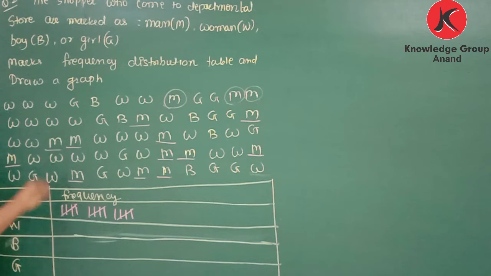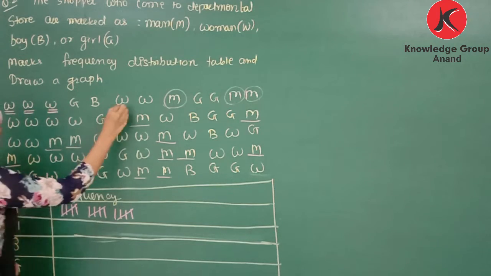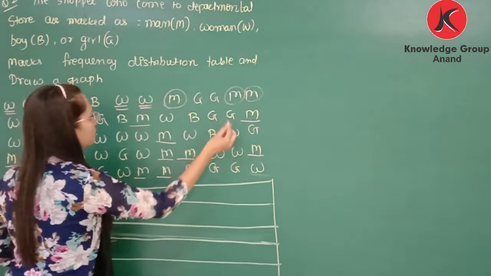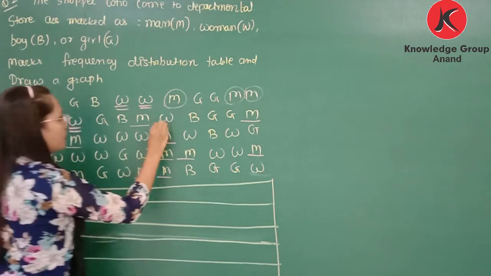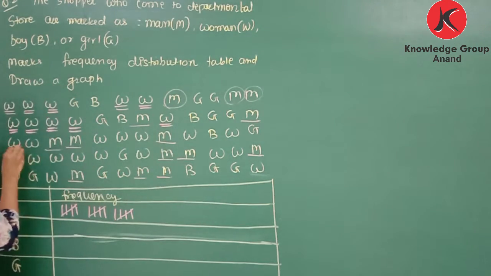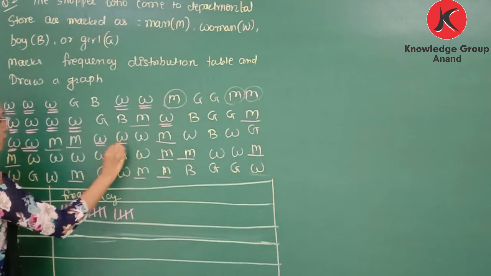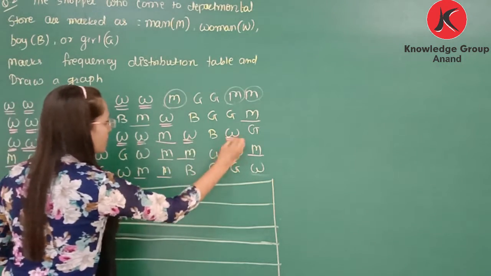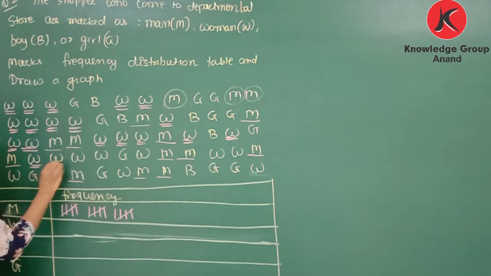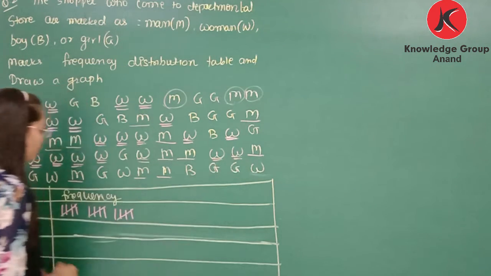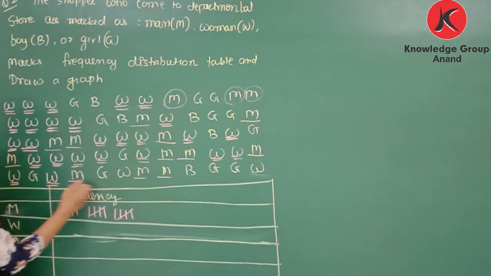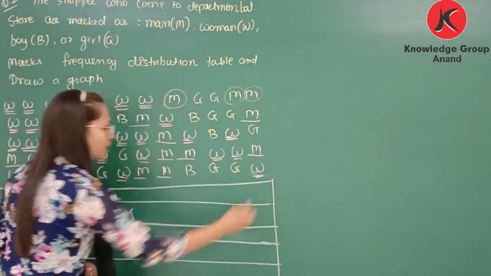Now for women. Count the W. So here 1, 2, 3, 4, 5, 6, 7, 8, 9, 10, 11, 12, 13, 14, 15, 16, 17, 18, 19, 20, 21, 22, 23, 24, 25, 26, 27 and 28.